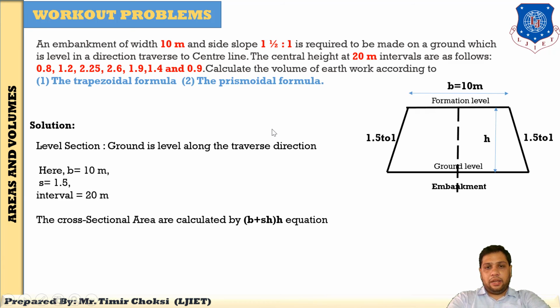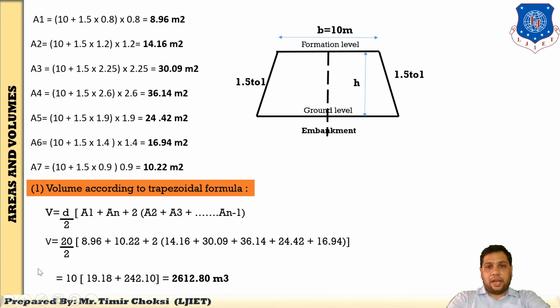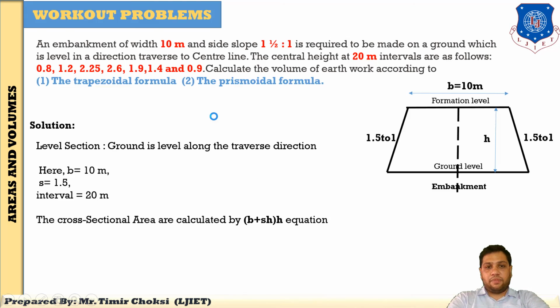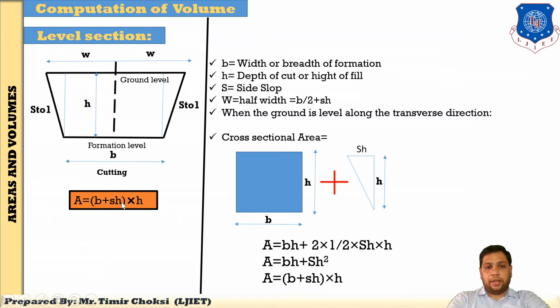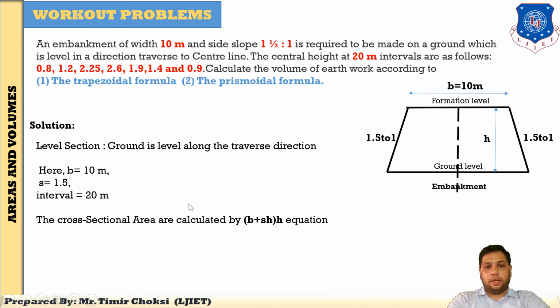Now you know that our formula, which I have already explained and derived, for finding the cross section area is (B plus SH) into H. So here you directly use (B plus SH) into H in the equation.